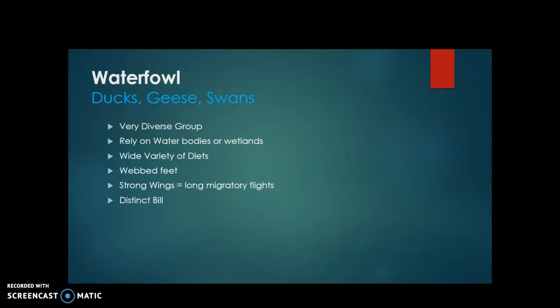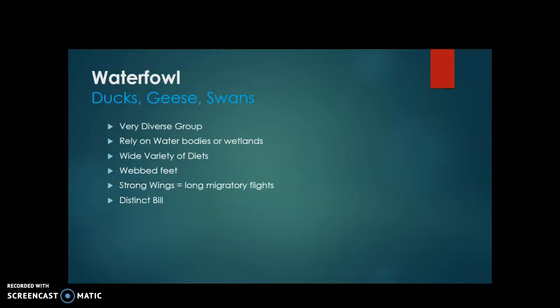Some eat fish, some eat algae, some eat plankton, some eat vegetation in the water, seeds, aquatic insects, and it depends on the time of year how they're going to shift their diet for their specific needs at different periods of their life cycle.